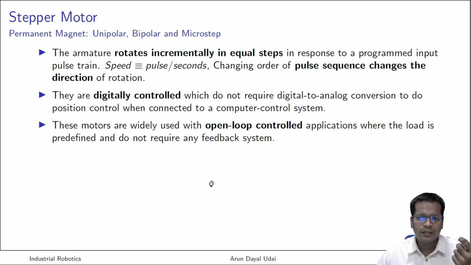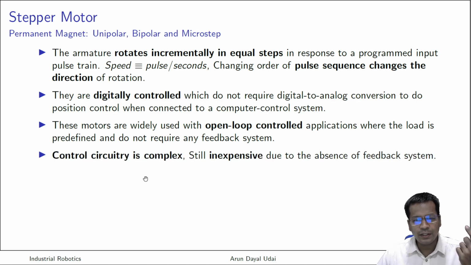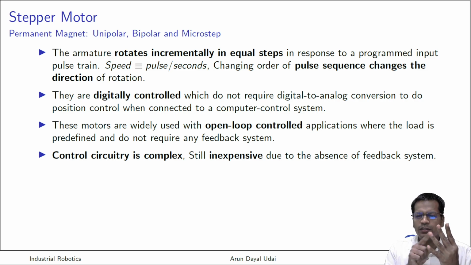Okay, so this control circuitry, however, there are four number of wires, not as simple as a DC motor which has just two number of wires. So controlling four wires with different sequence of pulses is difficult, and that is why the circuit which drives this motor is itself difficult. Okay, it itself is little complex.